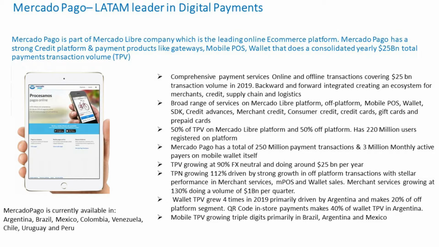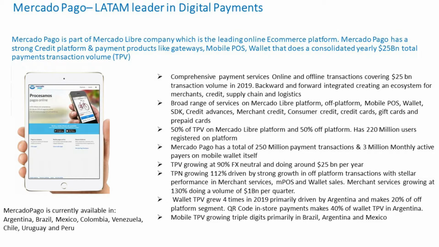They call it TPV. So Mercado Pago's growth is tracked through the total payments volume. It covers comprehensive payment services, online and offline transactions, with $25 billion transaction volume in 2019. So they are both backward and forward integrated. It creates an ecosystem of merchants, credit, supply chain, logistics, everything.